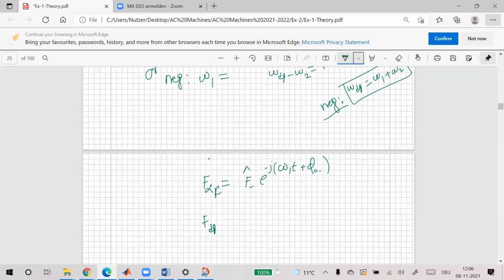What if we multiply with e power j omega 2 t and then some angle, with positive instead of minus? It's also possible, right? It's just a transformation, just some matrix. In this case, you can make your negative sequence value DC.